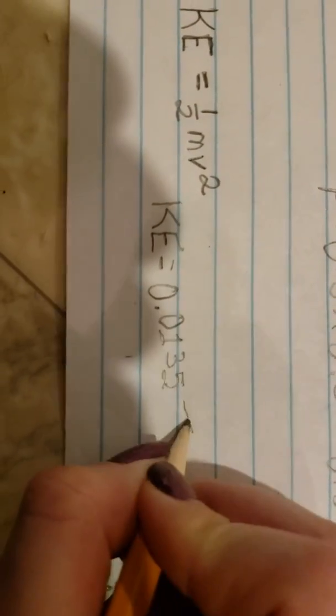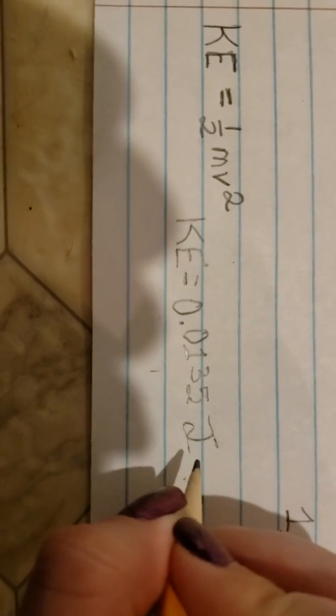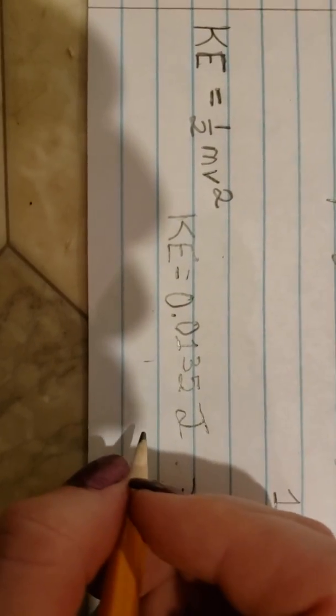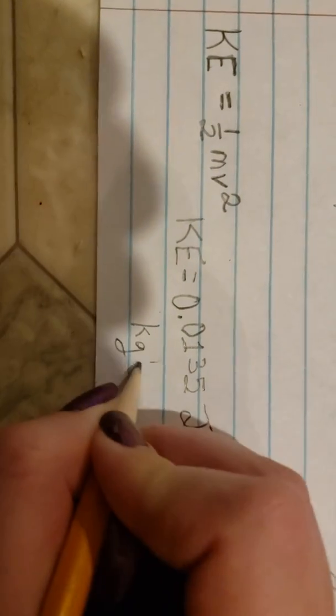And it is measured in joules, because a joule is kg multiplied by m squared divided by s squared. So we have 0.0135 joules. That is the kinetic energy value.